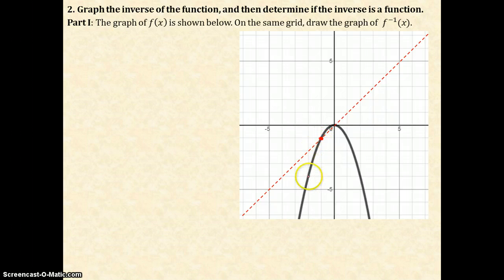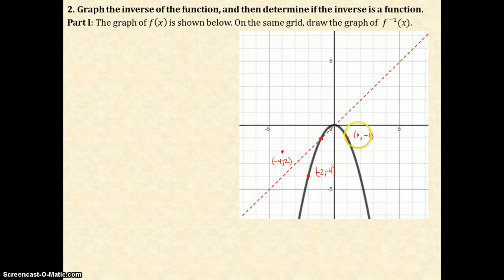What about this point here? This point is negative 2, negative 4. If I reflect that across, it's going to change and become negative 4, negative 2. So there's negative 4, negative 2.